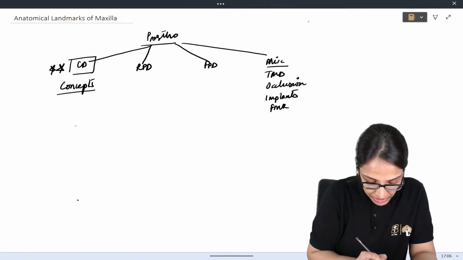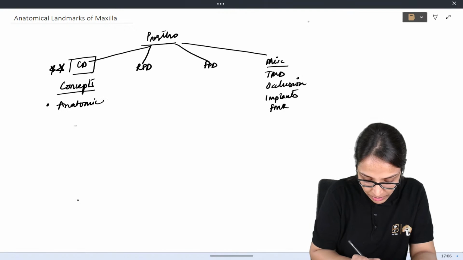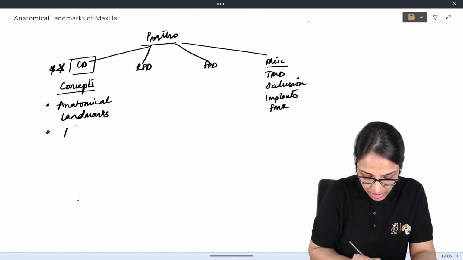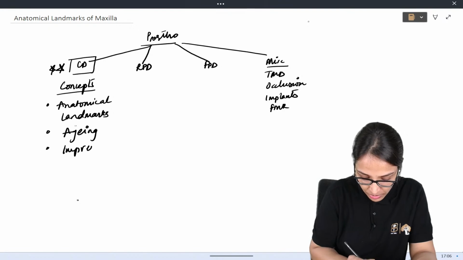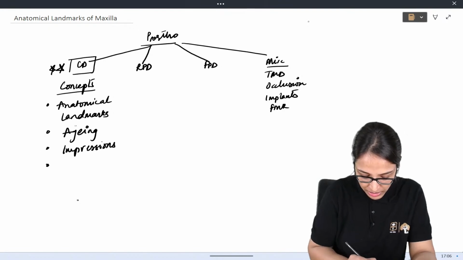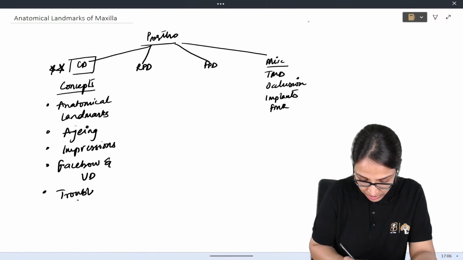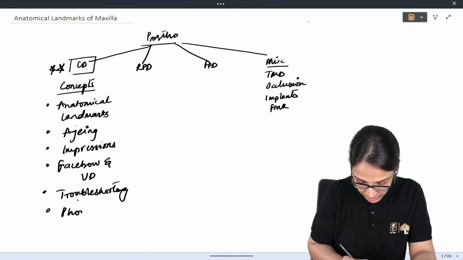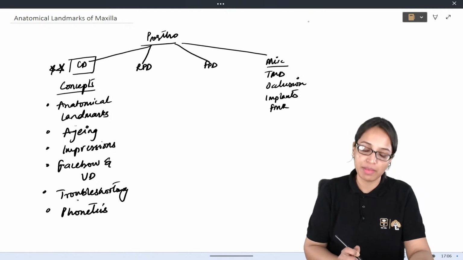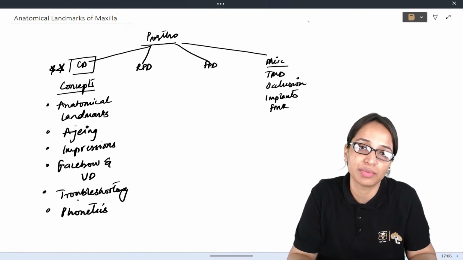Out of that also, if I list out the important areas, they are anatomical landmarks, then effects due to age or aging, impressions, face bow and vertical dimension, then troubleshooting, and phonetics. These would be my most important listed topics out of complete dentures.